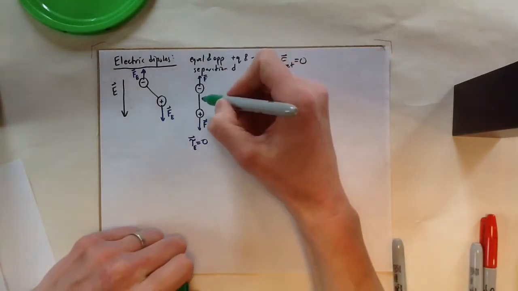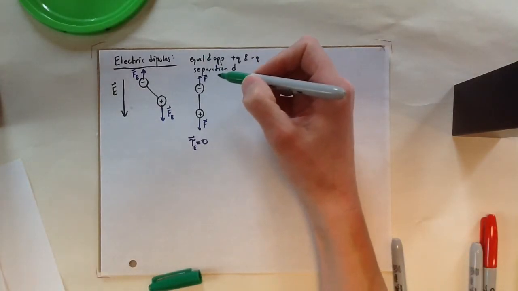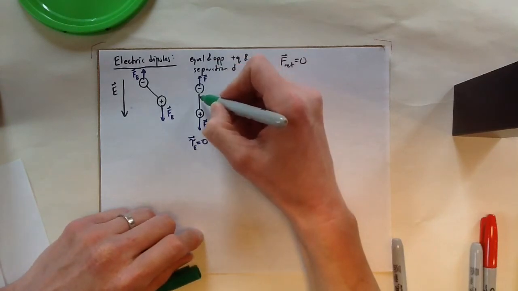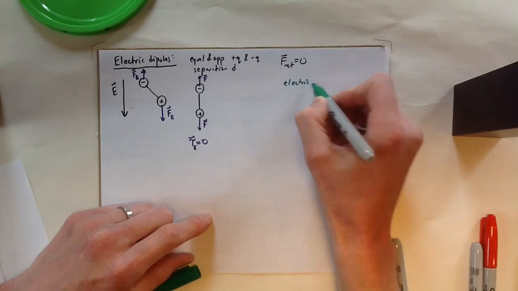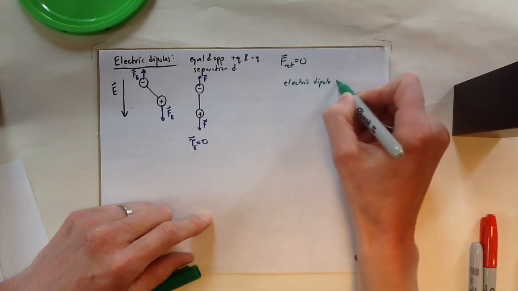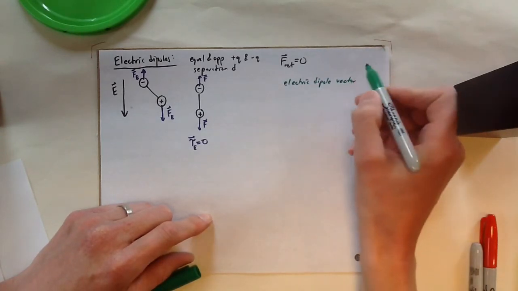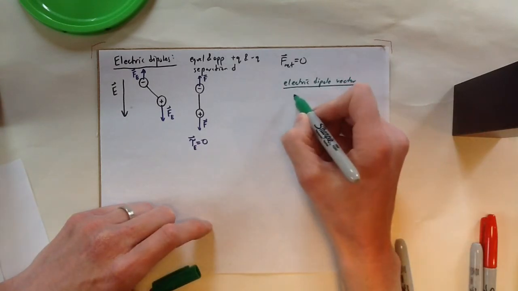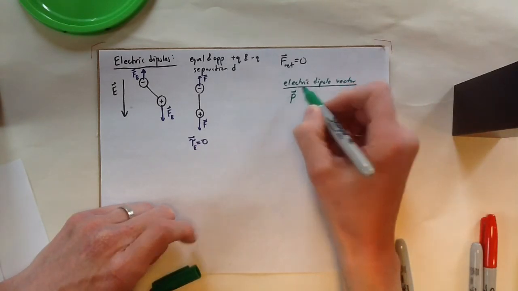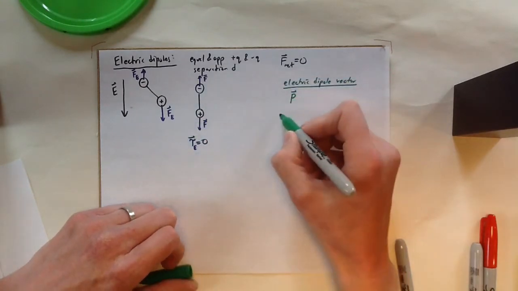And so what we're going to do is define an electric dipole vector. Some people like to call it the electric dipole moment. I use P vector for this. Here's how it's defined.